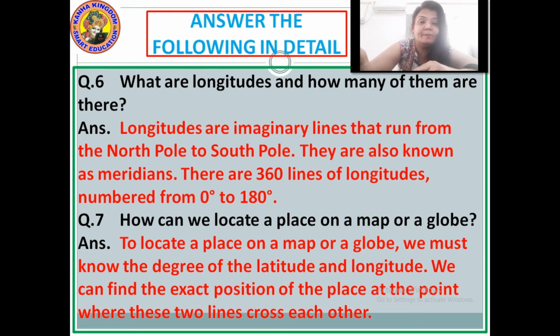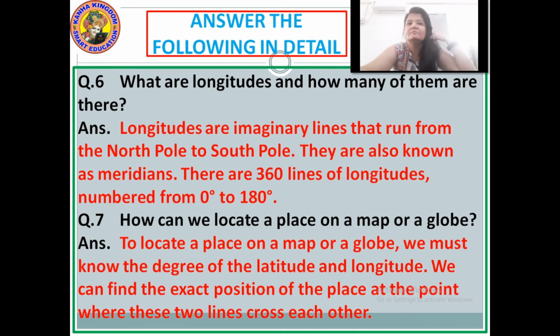We can find the exact position of the place at the point where these two lines cross each other. But for that you have to know the longitude and the latitude.